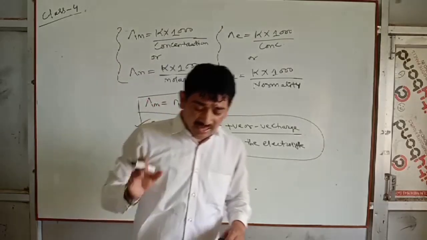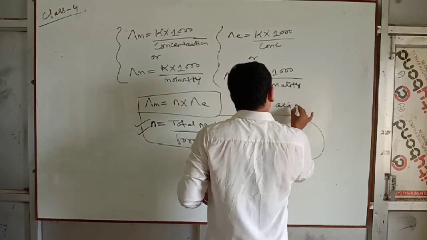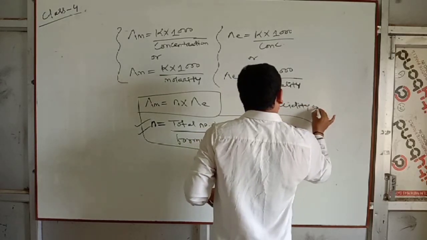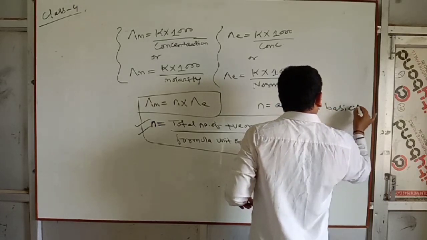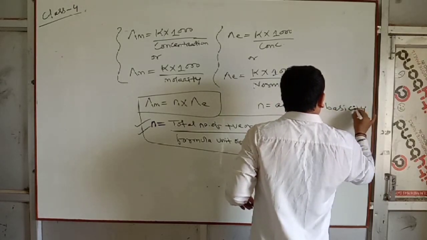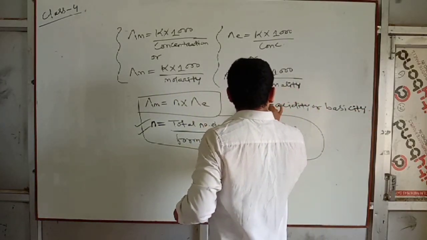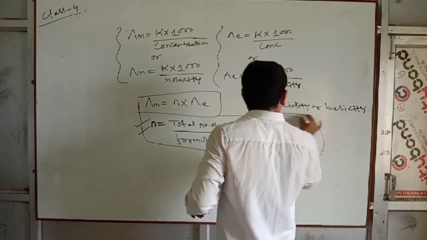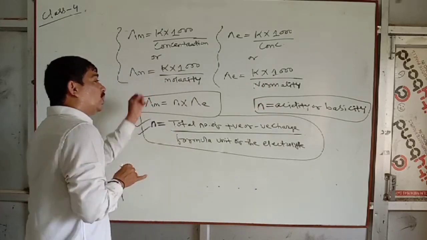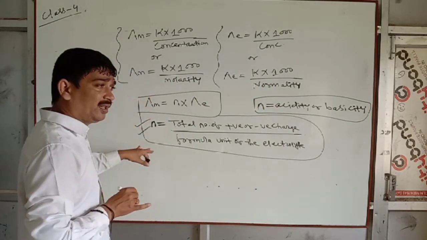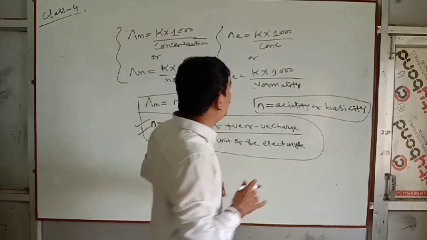Or we can say that n equal to acidity or basicity. Is that clear? So this is all about equivalent conductance and molar conductance.